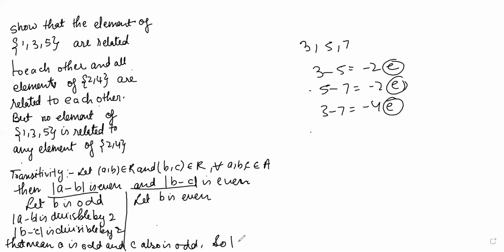So the modulus of A minus C is even. We have to check even; I am writing divisible by 2 is even. So A minus C will also become even.